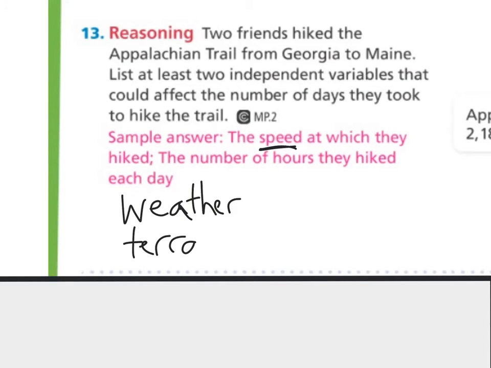We use the technical word here, terrain, but it has to do with how hilly or flat something is. If it's hillier, we're up around the mountains, more mountains or a steeper trail, it's going to take a little bit longer maybe, especially if you're going uphill versus downhill. So a lot of independent variables are going to affect that.